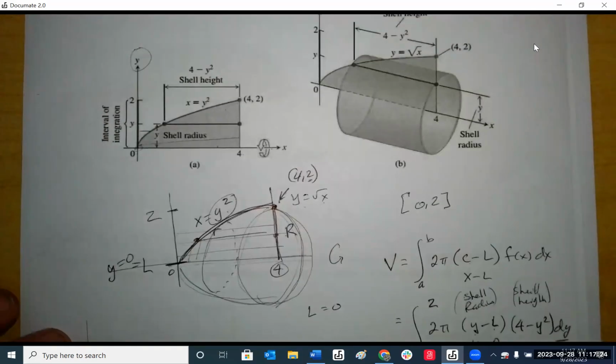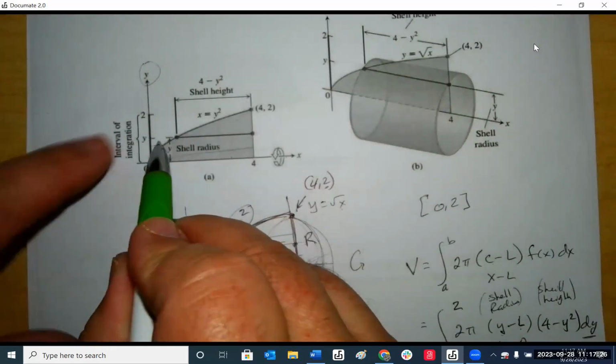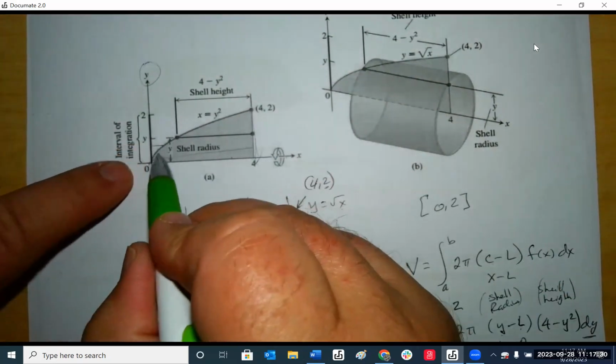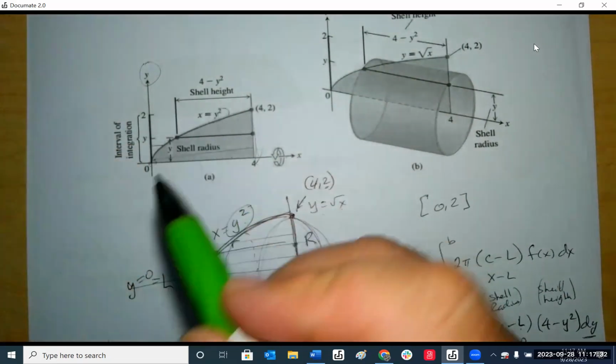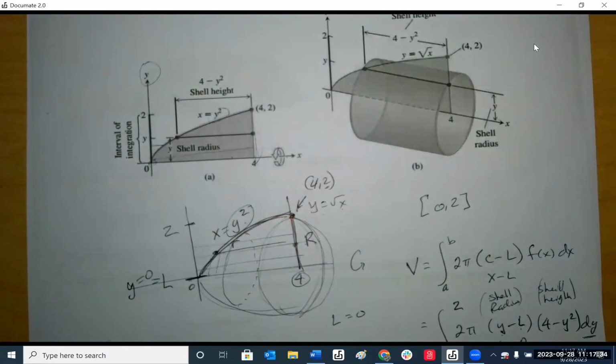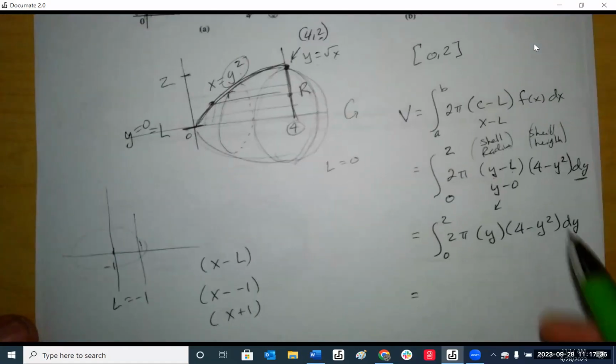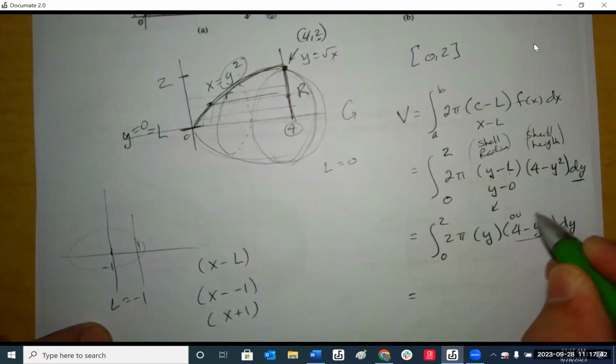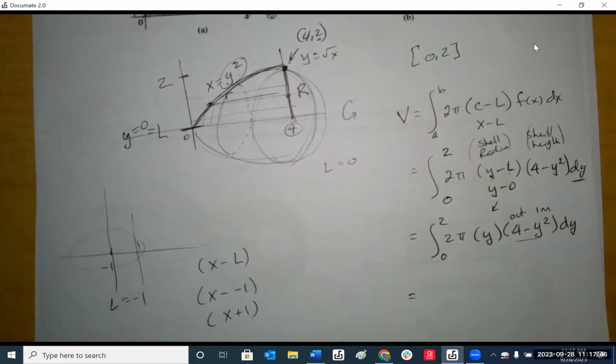So that's what we're doing here also. Since we're doing it with y, the outer is 4, the inner is this curve, y squared. That's where we get the 4 minus y squared from. It's weird because we're taking it horizontally instead of vertically.